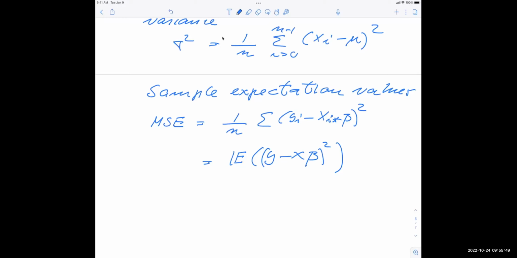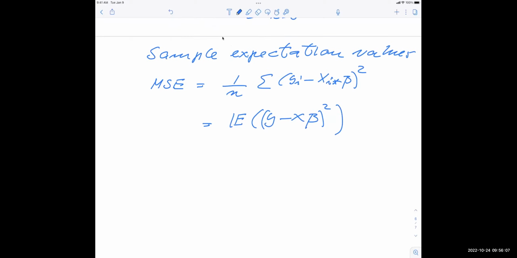Now, if somebody were to give us the correct distribution, we should be able to calculate the exact mean squared value with that specific model. However, since we don't know this distribution, we are then limited to make a sample expectation value.